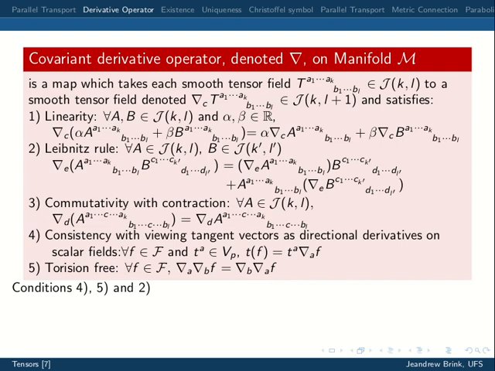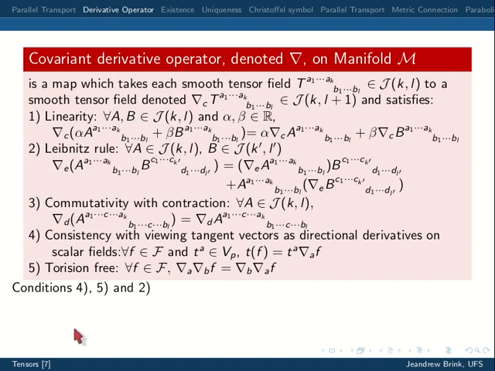Those are the only five hypotheses you need to define your covariant derivative operator in general, and everything we know about covariant derivative operators, we basically derive from those five definitions.